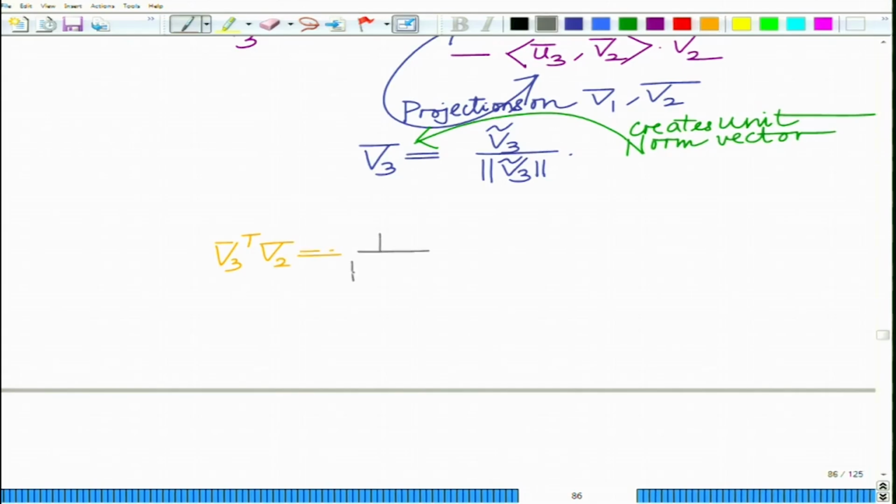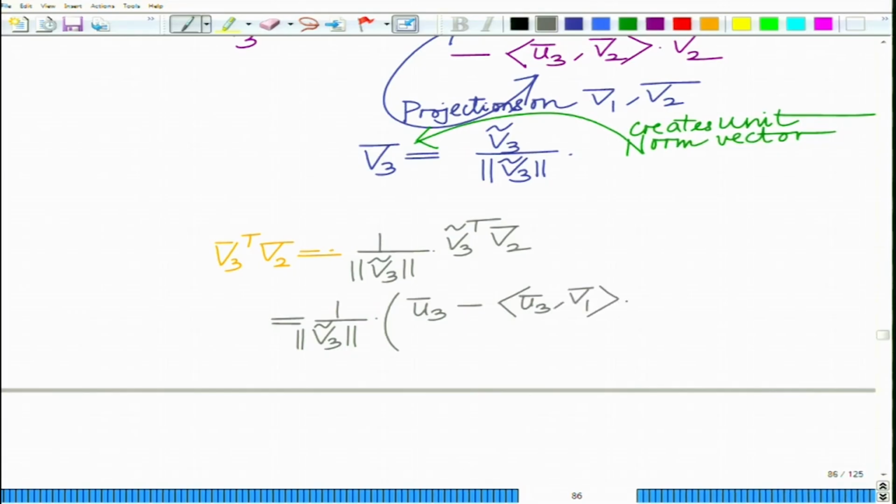So I have 1 over norm V3 tilde transpose V2 bar, this is 1 over V3 tilde norm times U3 bar minus U3 bar inner product V1 bar, of course this will all be transposed because you have to take the transpose, minus U3 bar comma V2 bar into V2 bar transpose, whole times V2 bar.